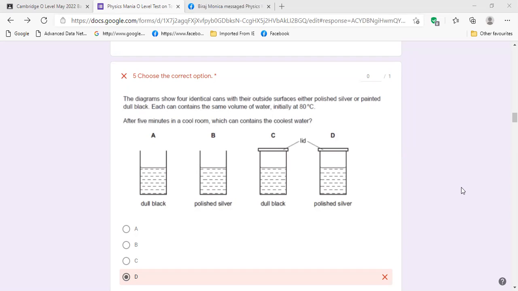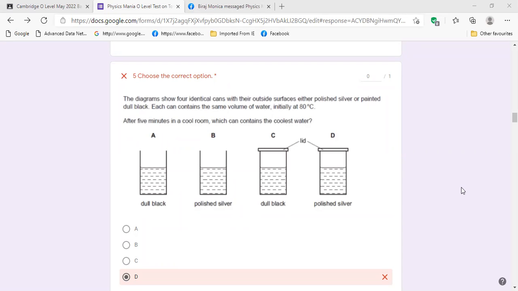First of all, and secondly, you chose polished silver. So you chose the complete opposite one, right? You chose the one for the warmest water. So the coolest one will be just the opposite of your one.